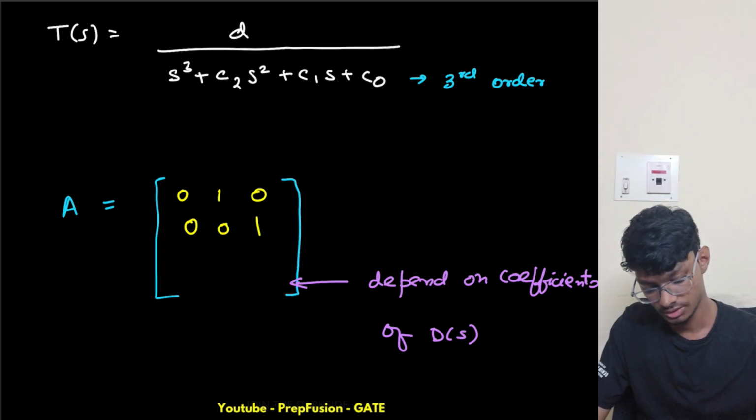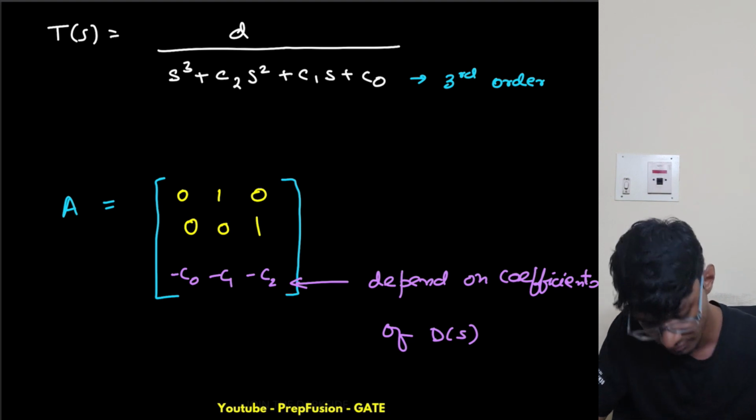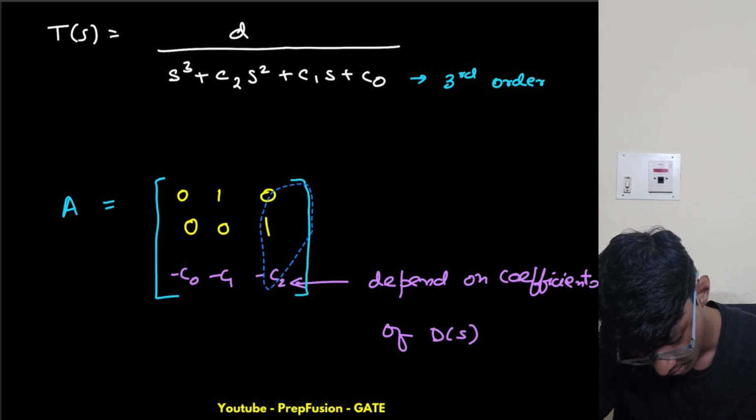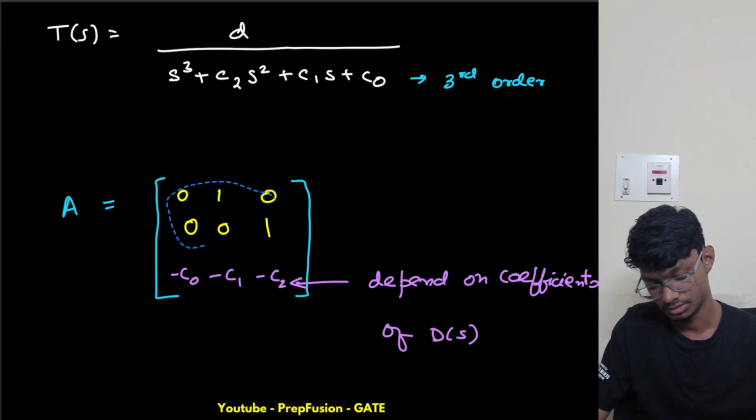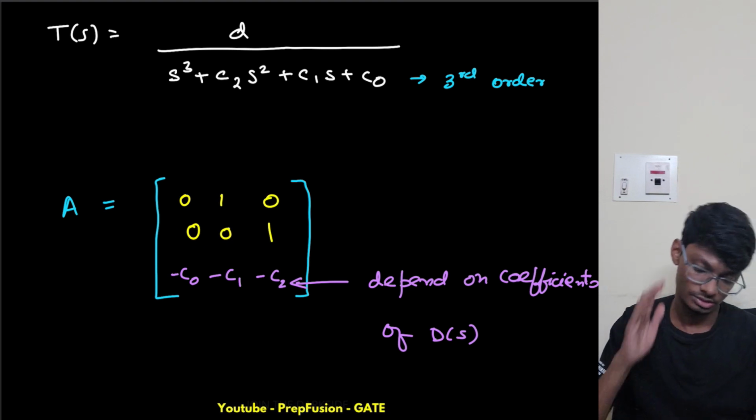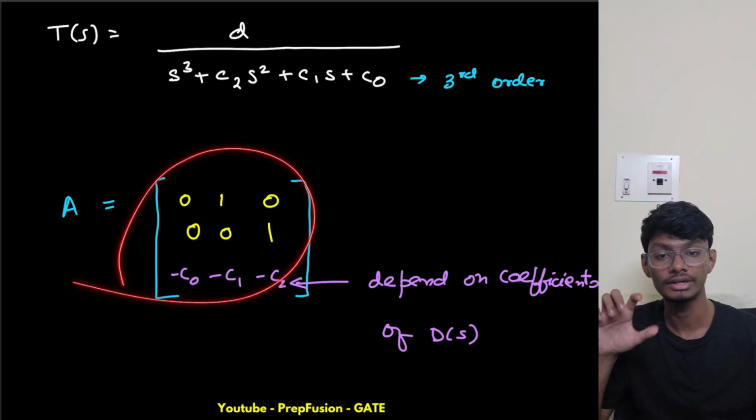So this will be minus c2, minus c1, and minus c0. Let me give this a bit of space. Now it is fine. This is how my A matrix will look like.